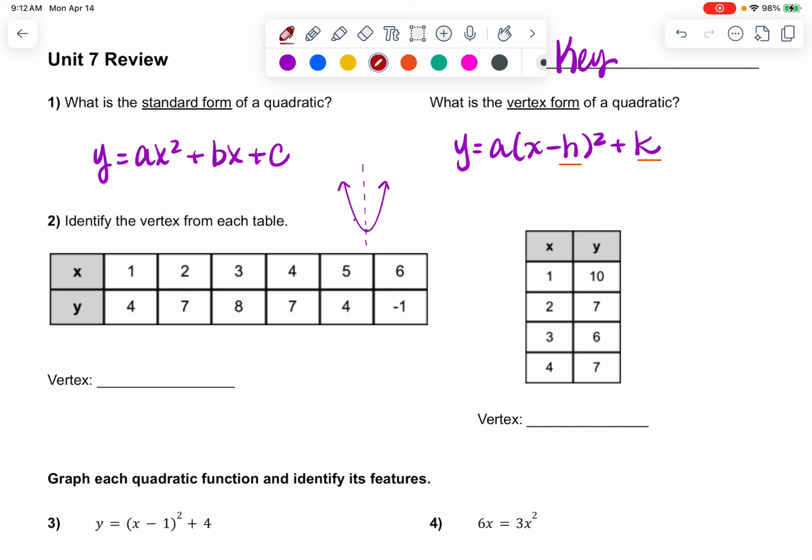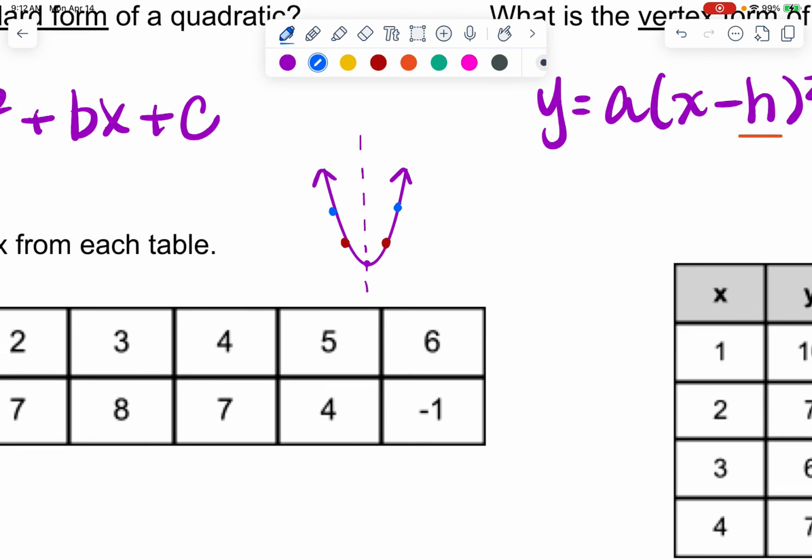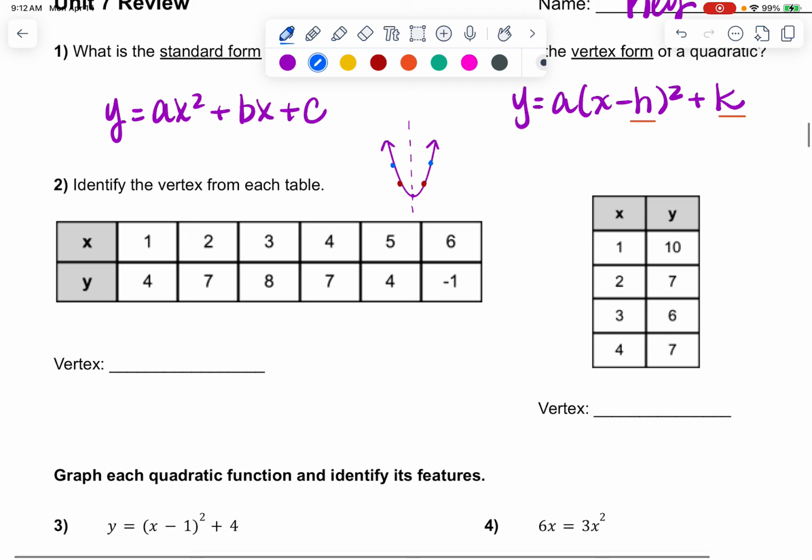So I know that I have little reflection buddies on this side. Every point has a mirror image on the other side, and then I know this point will have a mirror image on the other side, and so on and so forth. So if we're given a table of values, sometimes we can justify what we think the vertex is by looking for those reflection buddies.